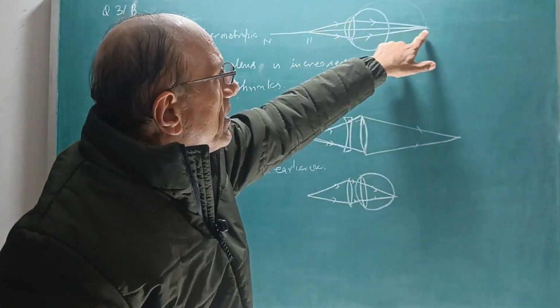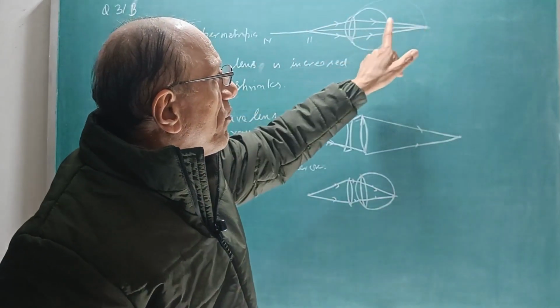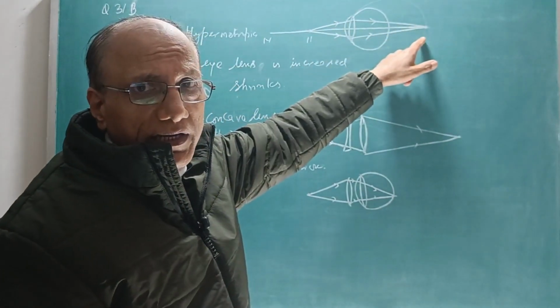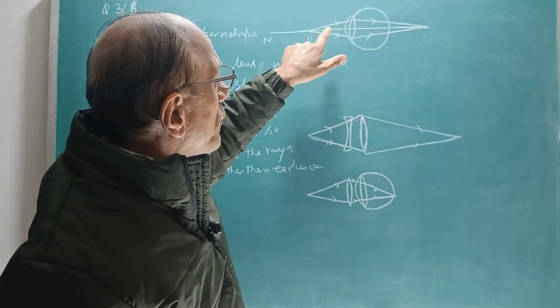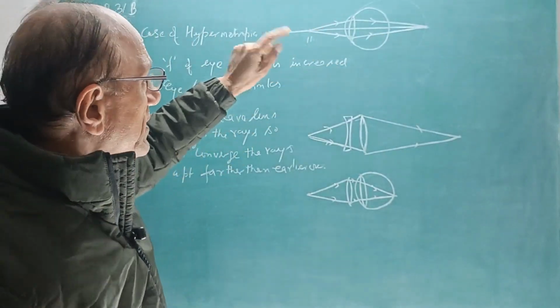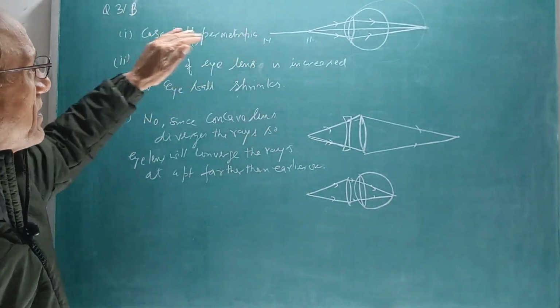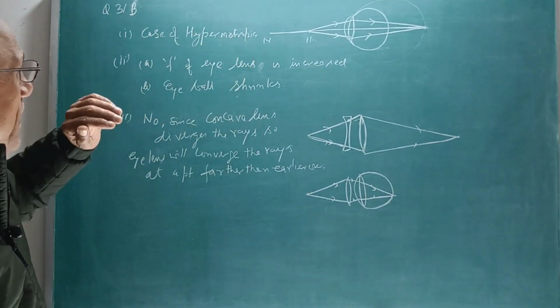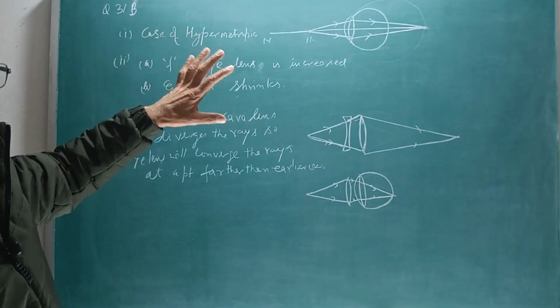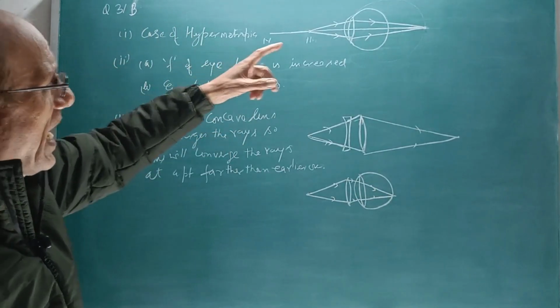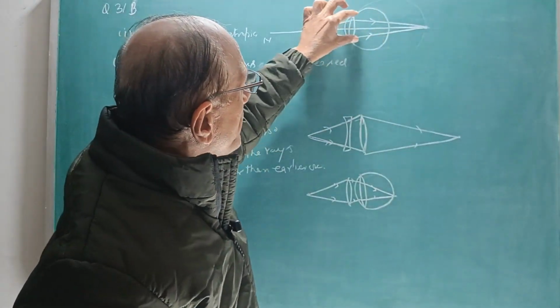So once again, the person is not able to see, that means the image is not formed on the retina but is formed beyond the retina. That means the person is not able to see the nearby objects, and this kind of defect is called hypermetropia. So here the case is of hypermetropia. Second is, what is the cause for that?